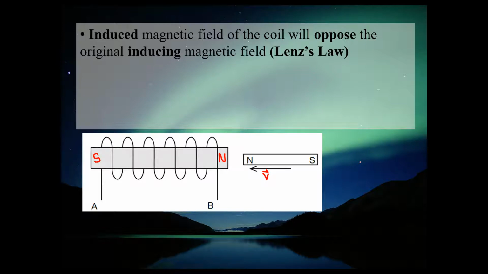Now that we have the polarity of that bar magnet in the solenoid, we can figure out the direction of the current through the solenoid. And we can do that using the second right-hand rule. So let's go to our second right-hand rule, and we'll do current. If it's current, we're going to use our right hand.